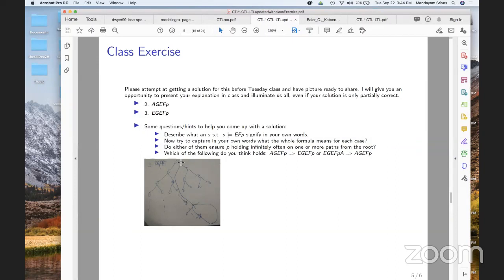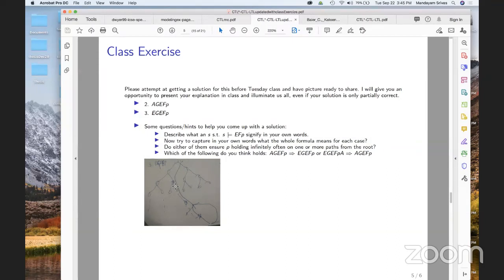So you notice that on the rightmost path from the root, P may never hold good. But that's okay, because it only requires one path on which eventually P has to hold good. It's not even required that these crosses occur on that path, as long as some other path does, because this is not the only path from the states on this path that I have marked.